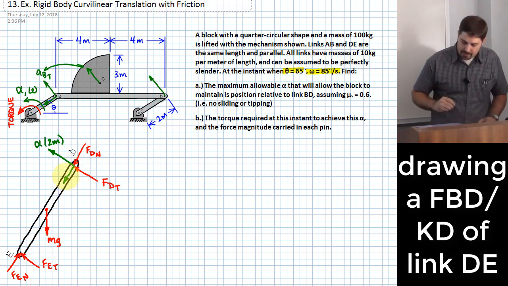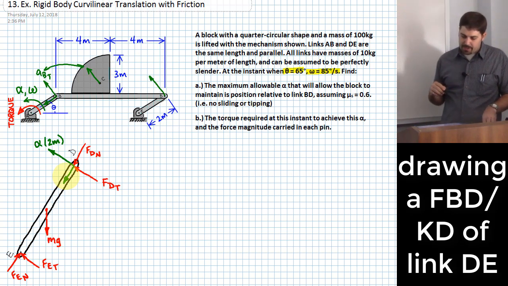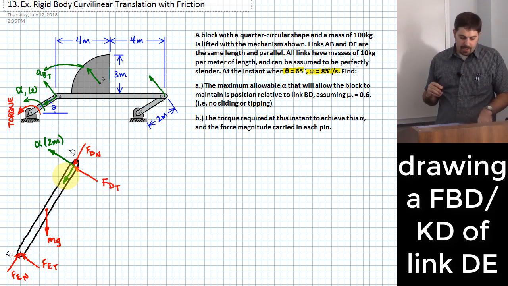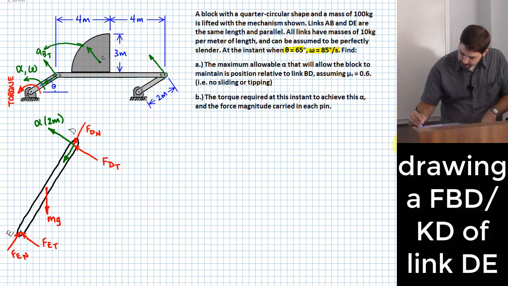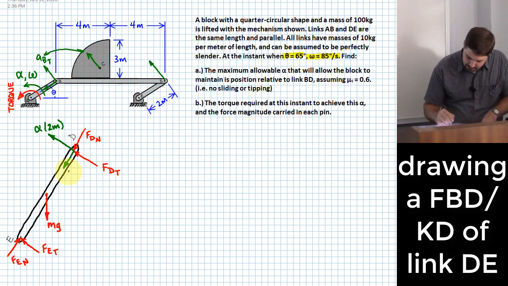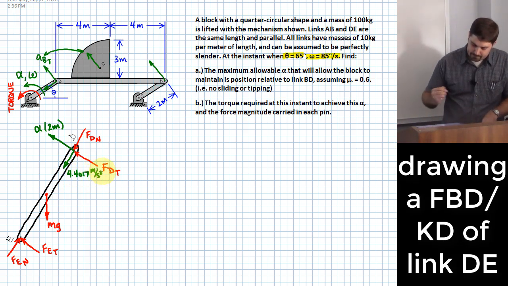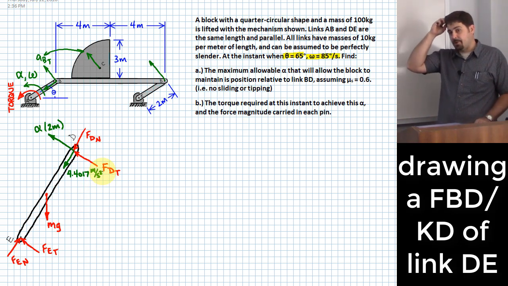I know that the acceleration in the normal direction acting on point D is going to be equal to 4.4017 meters per second squared, in case that helps us in some way.